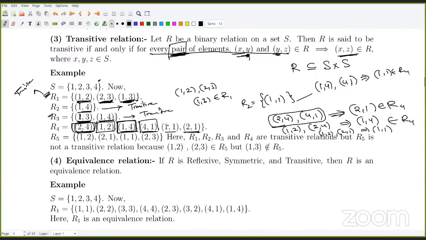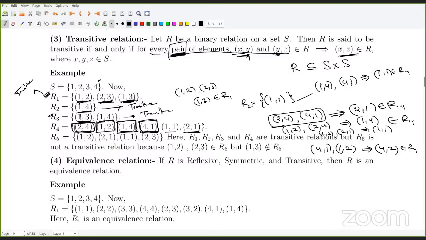Correct, right? So now let's come to the fourth element. You pick the fourth element, 4 comma 1. With respect to this pair 4 comma 1 and 1 comma 2, I need to have 4 comma 2 in my R4. Is 4 comma 2 there?